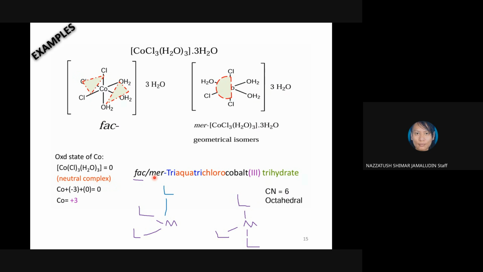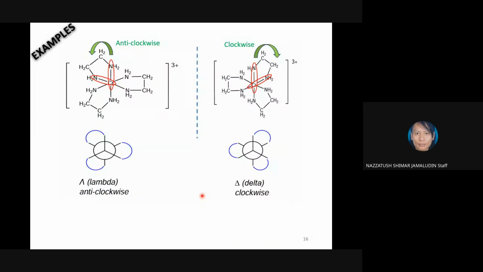That's meridional. The rest will remain the same. So if you see this, you cannot draw the structure as you wish. All these are just indicators of how the structure actually is.